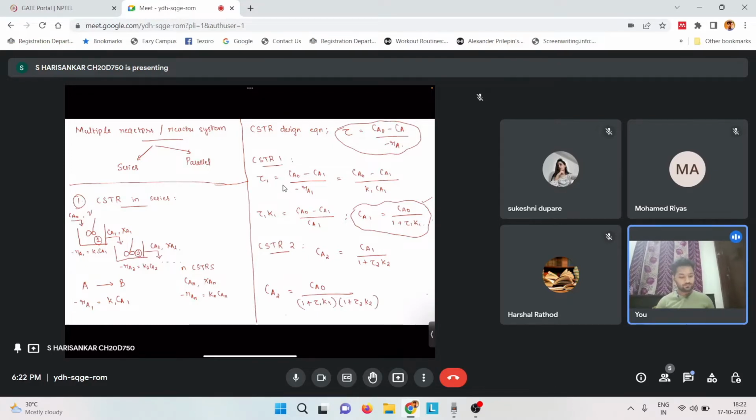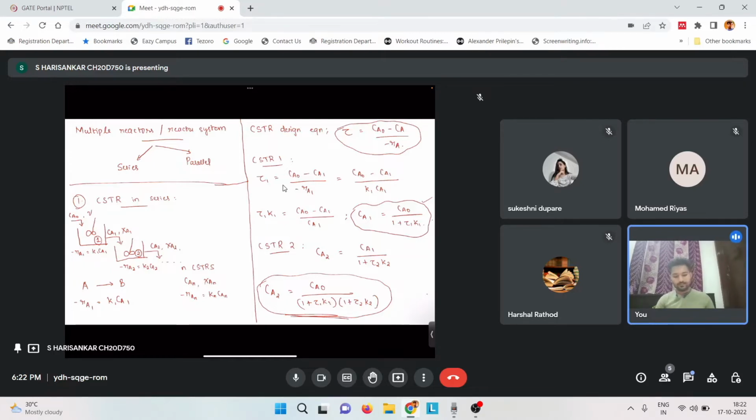So this will be our general equation for CSTR number 2. We just substituted CA1's term from our CSTR1 into CSTR2. Now we can keep doing this for n number of CSTRs.